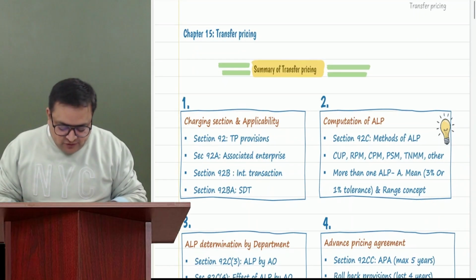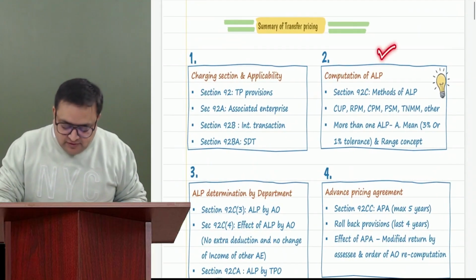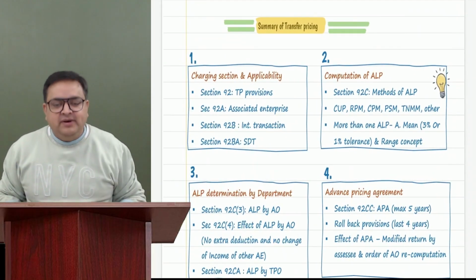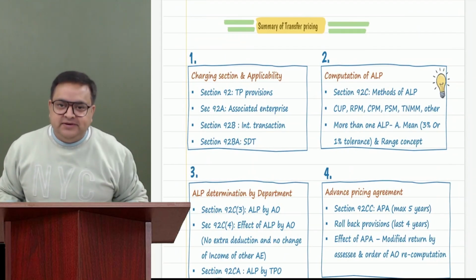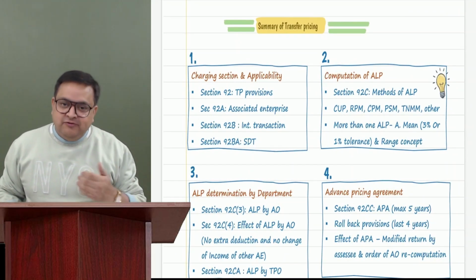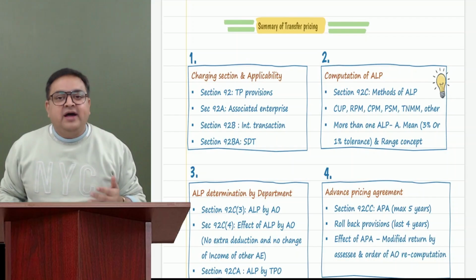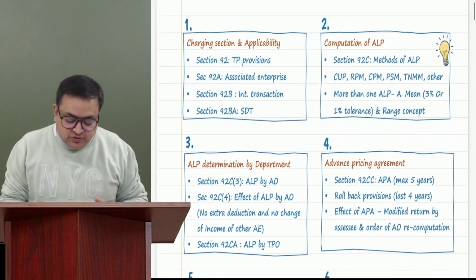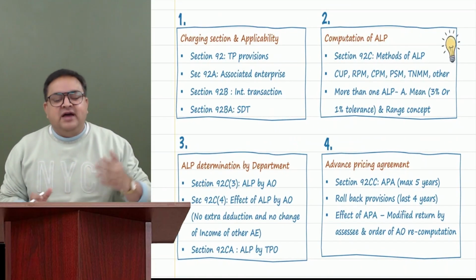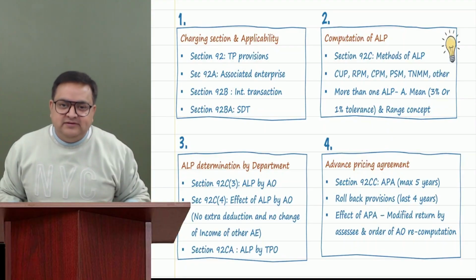So my target for today is that obviously we'll be discussing the computation of ALP, but we'll be touching the entire chapter conceptually. Wherever required, I will support it with questions also, especially those questions which were there in your past examinations.